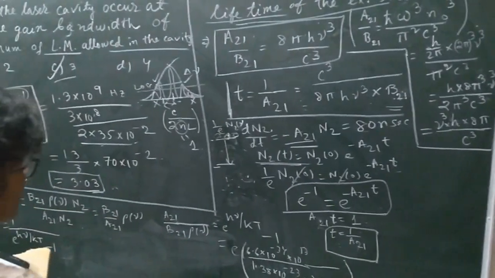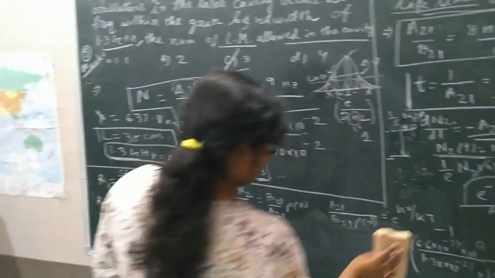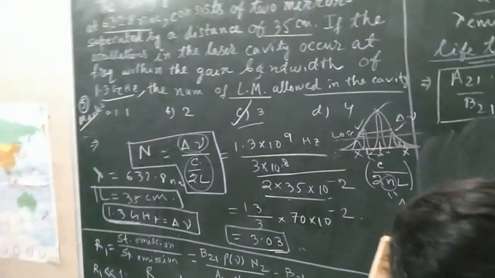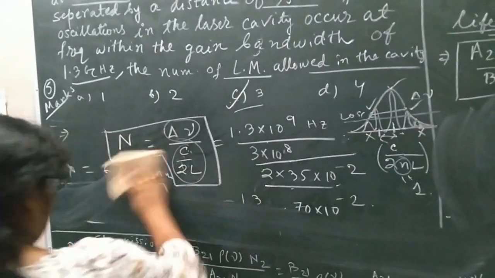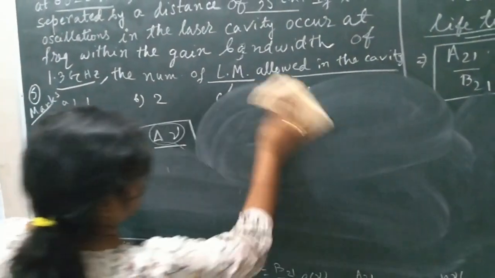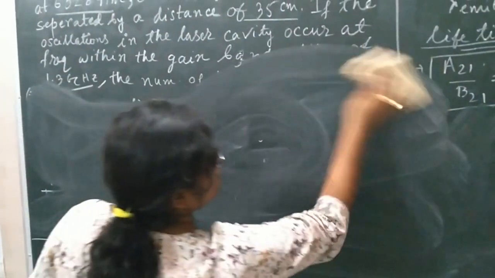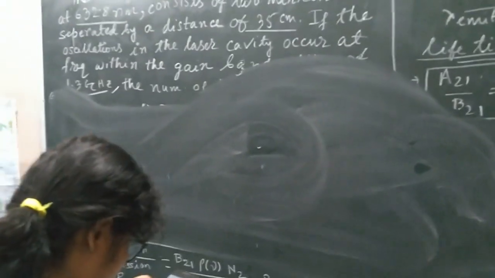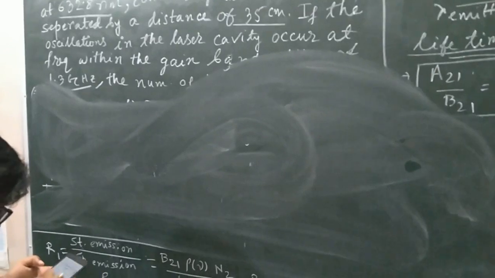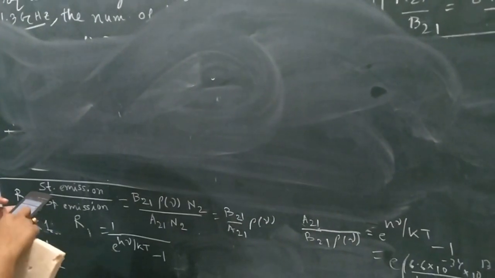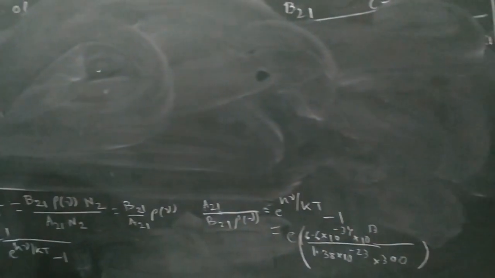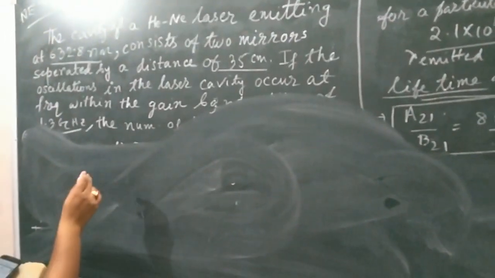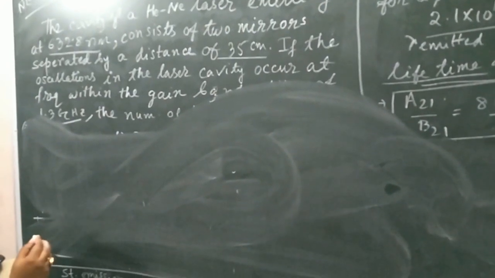Okay. Now the next question, let me erase this first. The question is that a two-level system in a thermal environment can decay from the excited state by both spontaneous and thermal stimulated emission.